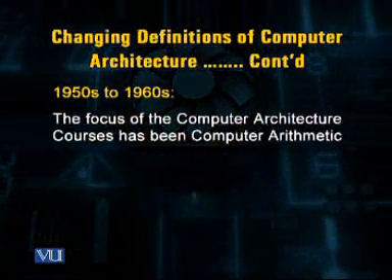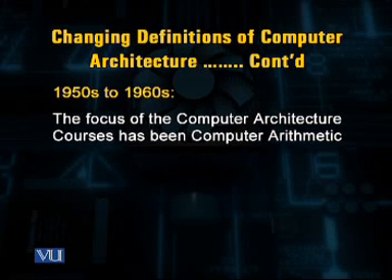In the era of 1950 to 1960, the computer architecture course was considered a course on computer arithmetic, logic design, and the design of different techniques to solve arithmetic problems.